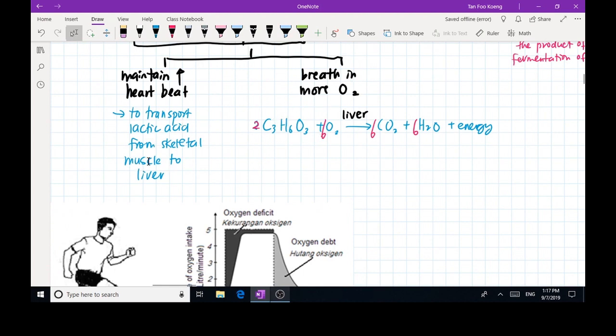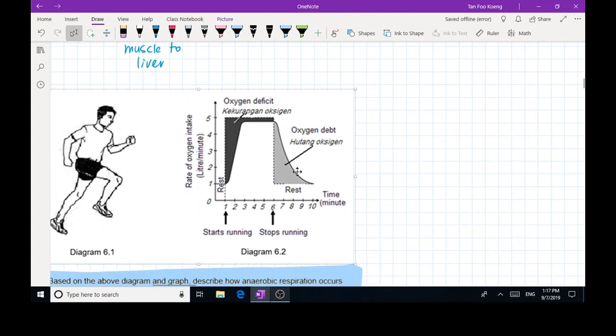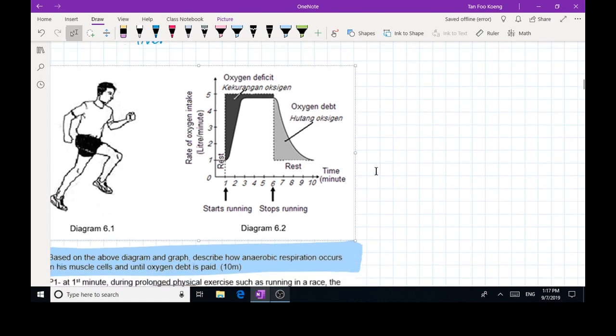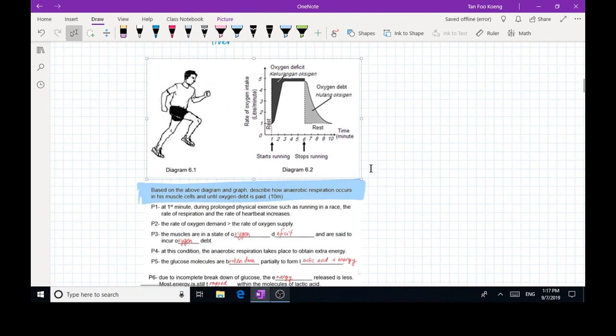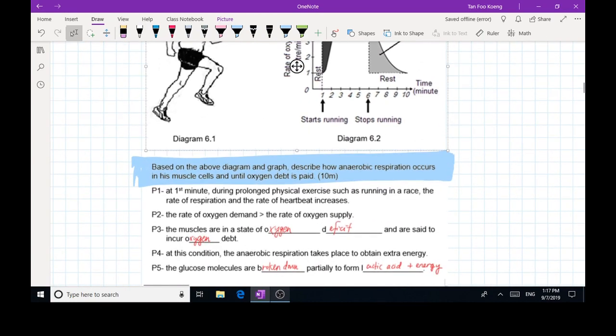We need to transport the lactic acid stored in the skeletal muscle to the liver. Here, we need the oxygen to break it down. When our breathing rate drops back to normal, it is when we have paid off all the oxygen debt. Please pay attention to these types of questions. It might come up in examination.